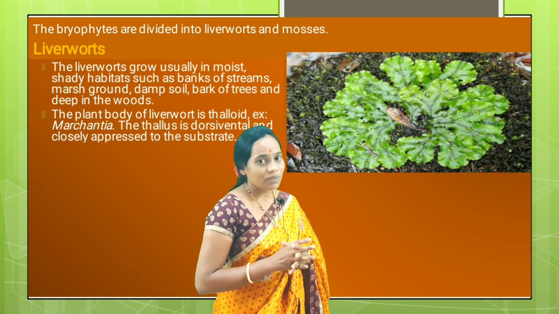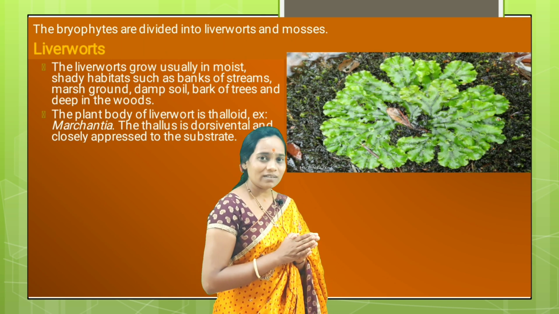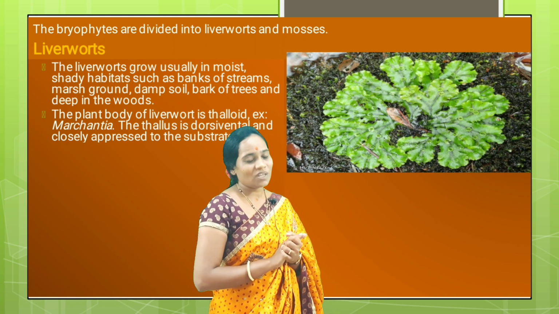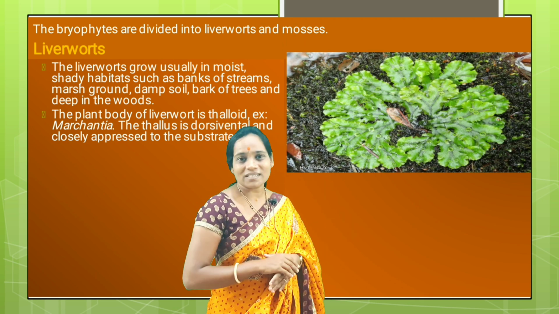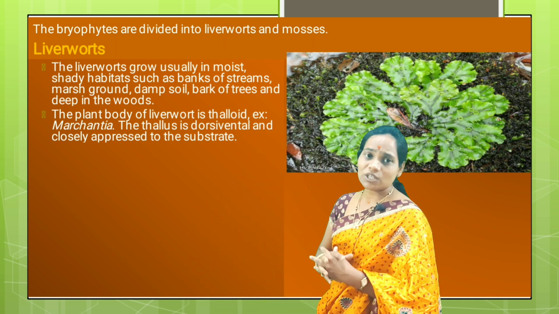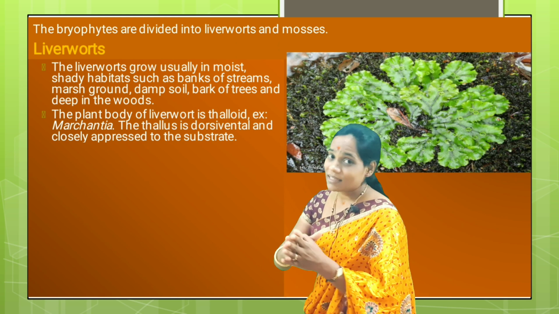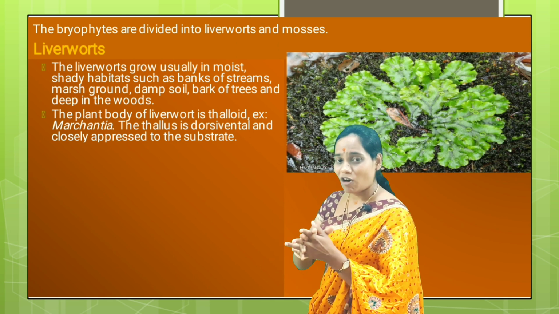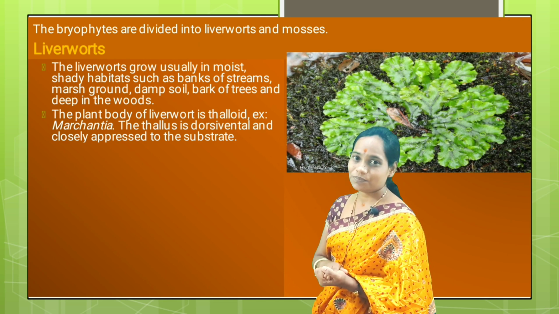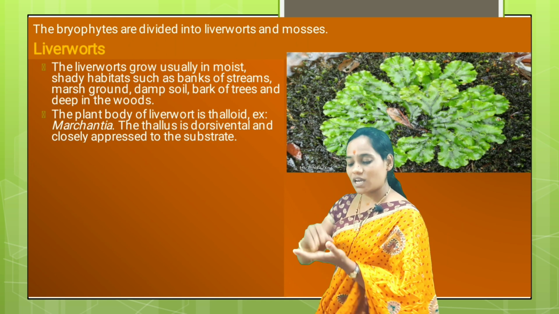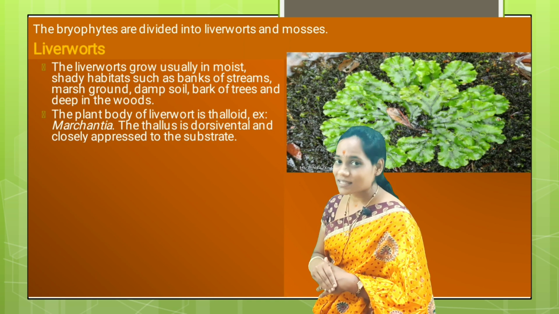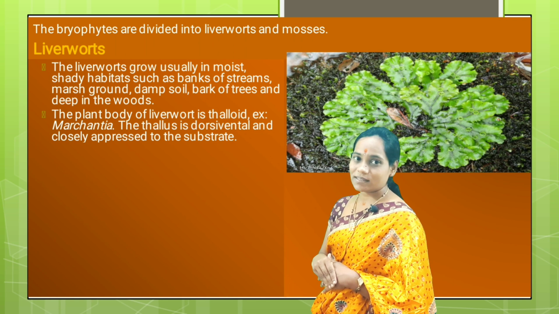Remember, the Marchantia has a flattened dorsiventral thallus which is closely appressed to the substratum, and they are attached to the substratum, as I told you in the last video, with the help of root-like structures called rhizoids.